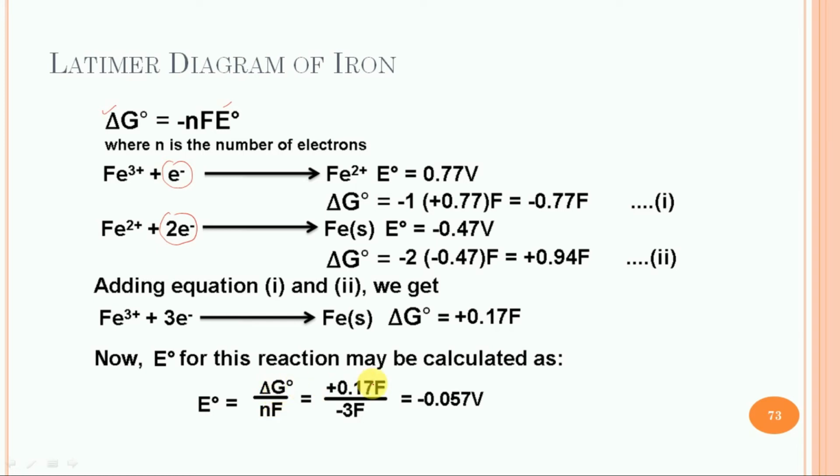So delta G is equal to 0.17 F in this case, and the number of electrons exchanged is 3, so minus 0.17 F upon 3 F. After simplifying this equation, it comes to minus 0.057 volt. So with the help of this relation, we can easily find the actual value of the electrode potential for the overall change of iron 3 positive to iron.